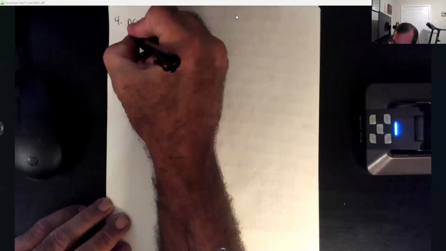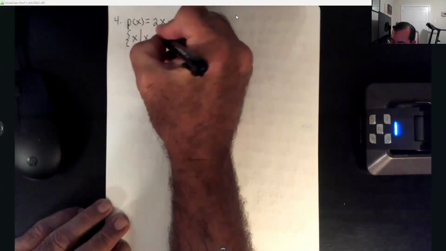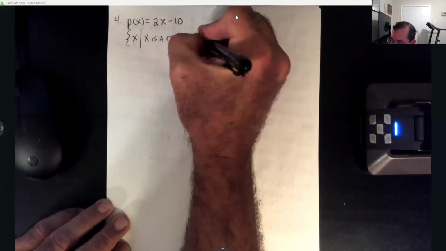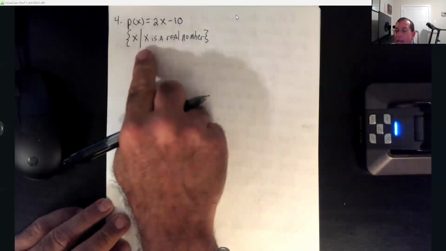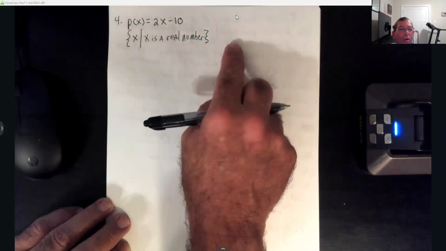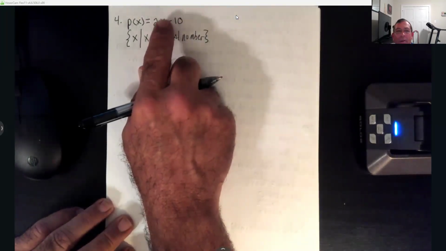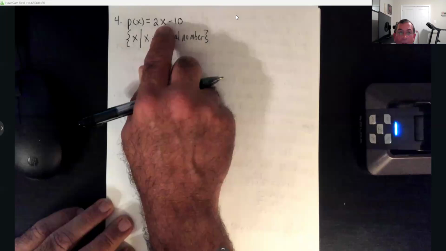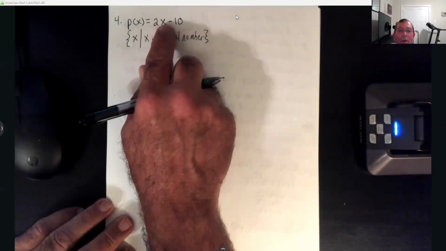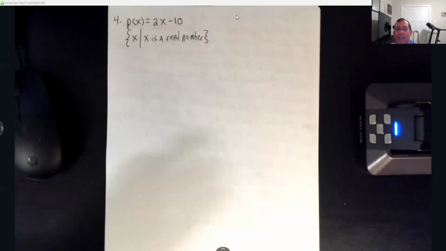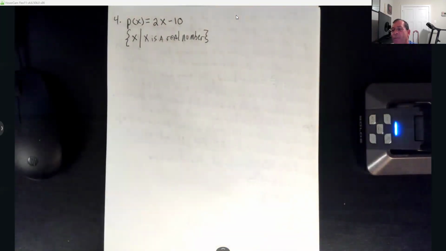Nope, so this will be x such that x is a real number. So any real number works. I don't have to exclude anything. I can put a fraction here, a decimal, negative numbers, positive numbers. Any number you give me, I can multiply by 2 and then subtract by 10. That's going to give me a real number that I can graph for my y values, okay?